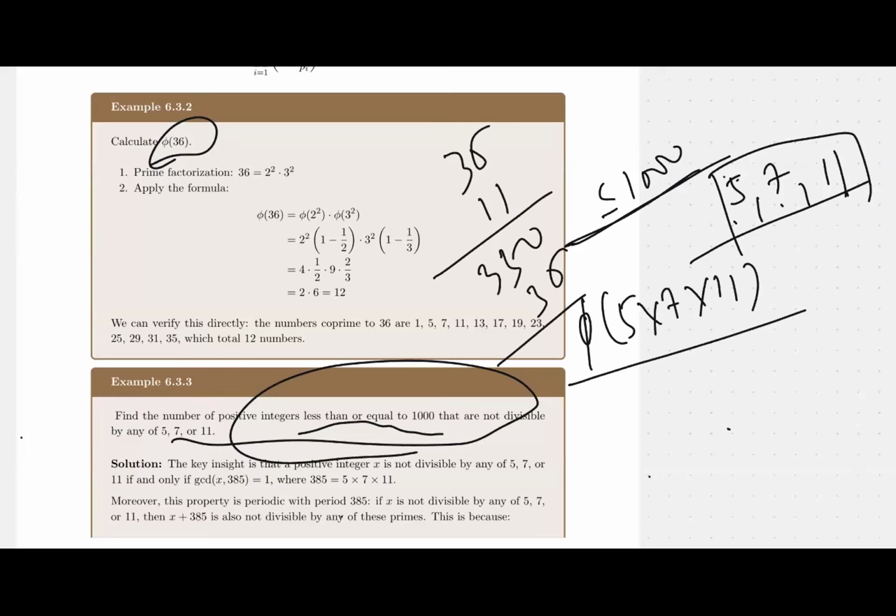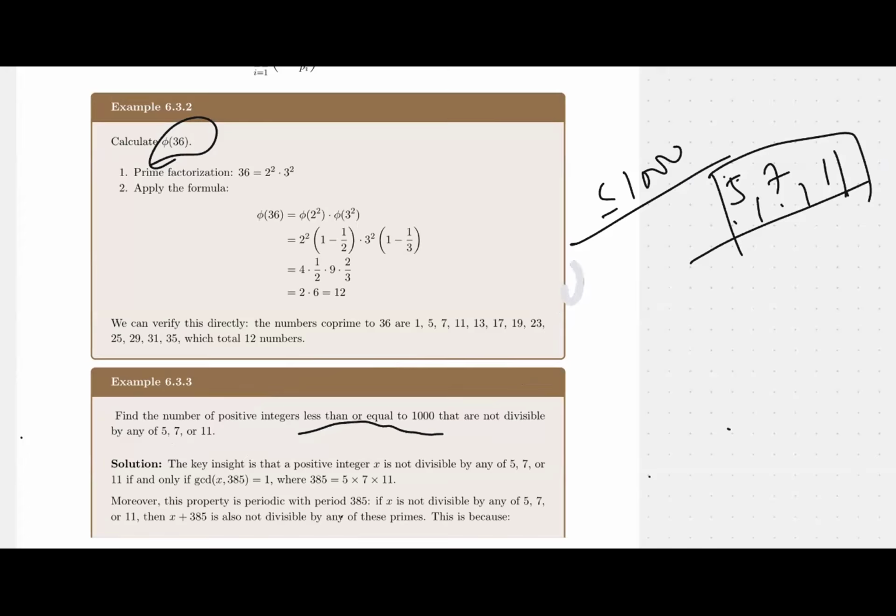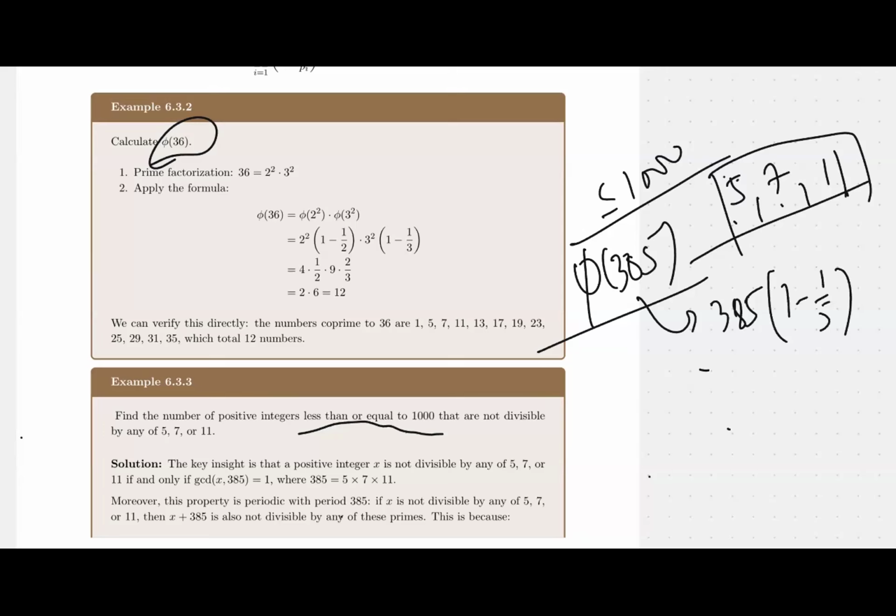So we know that if we can calculate phi of 385, we are good. This is very easy to calculate. Why? This is 385 times (1 minus 1 by 5), (1 minus 1 by 7), and (1 minus 1 by 11). Correct?